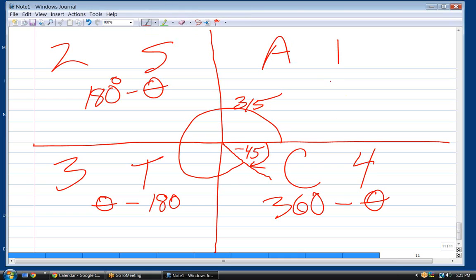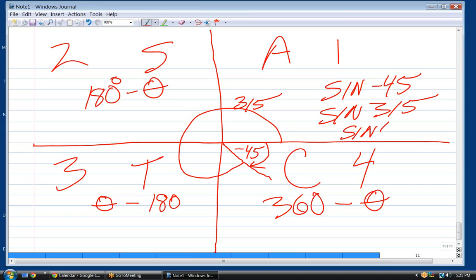If somebody said, what is the sine of negative 45, you could do it a couple of ways. You could say that's the same as the sine of 315, and that's the same as the sine of 45, which is square root of 2 over 2, but I can tell we're in the fourth quadrant, so it's got to be negative.